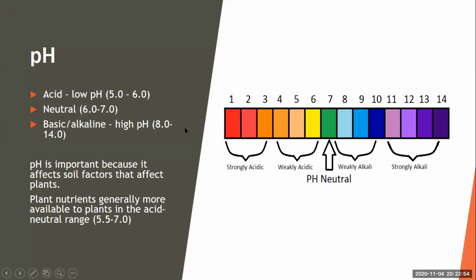Another term that's important is pH. The pH is going to measure the alkalinity or acidity of the soil solution. Think about milk or orange juice. Maybe the soil is like milk, so it's very alkaline, or maybe the soil is like orange juice, very acidic.